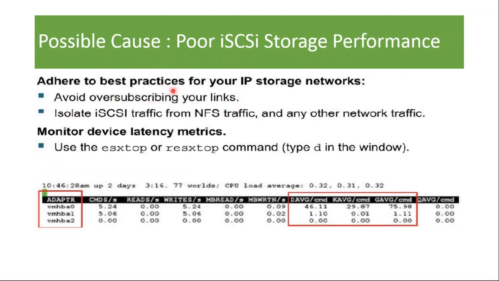So poor performance, how you can see it from your storage, we have described here. There are two best practices for your IP storage networks. Avoid oversubscribing your links. In the sense, you should not assign whatever IP storage you are using to multiple links.